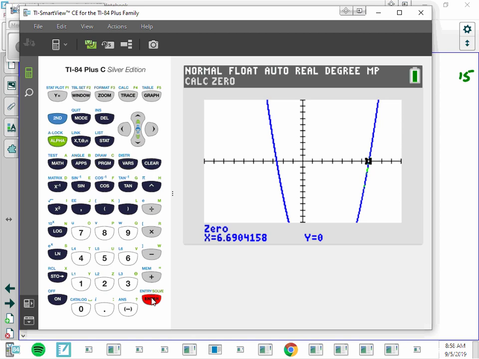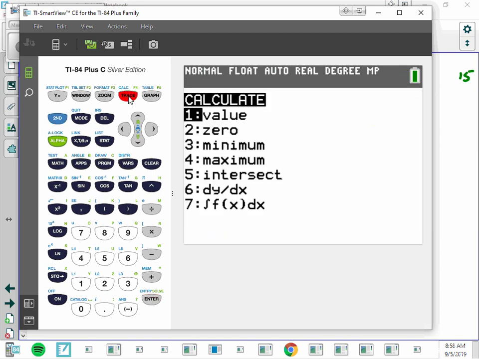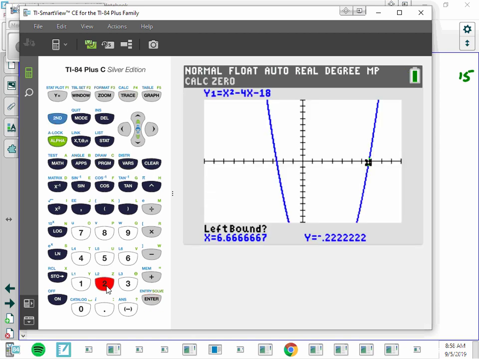Okay. Go ahead and do that same method to find the other root. Second calc, 0.